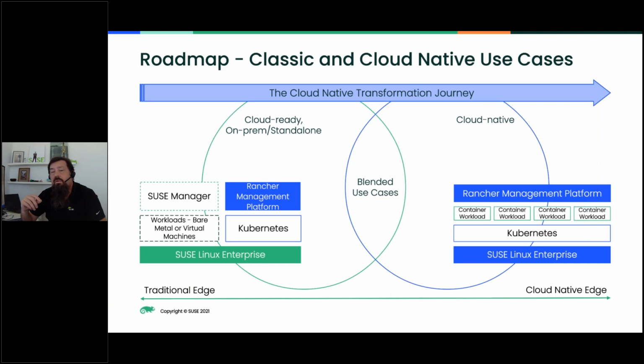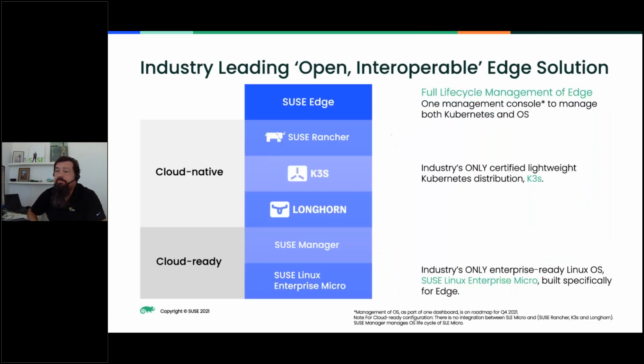And so we are seeing that there is a roadmap, that there is a transformation of moving from traditional edge into the cloud native edge. And we've got the tools and the solution sets to help you get there as you move down this journey. And it's one that everybody's in a little bit different space, but the beautiful part is it becomes a consistent solution set across those two pieces as you move from the traditional edge out to the cloud native edge.